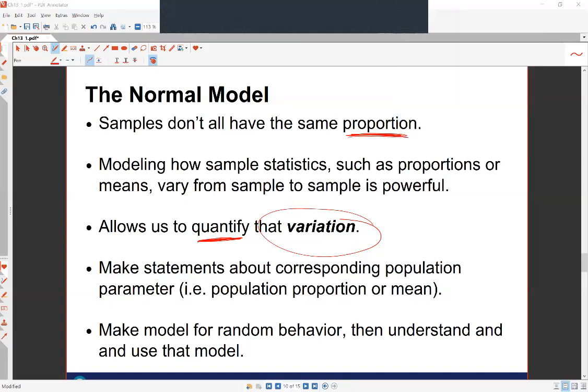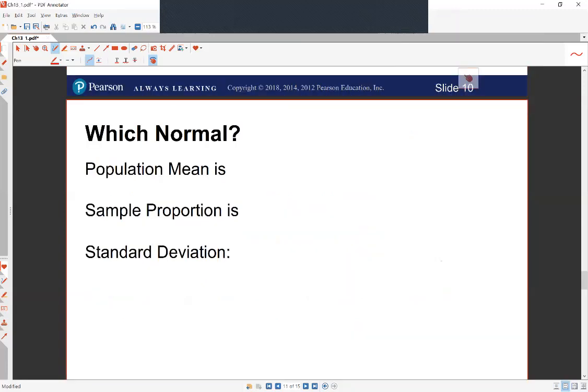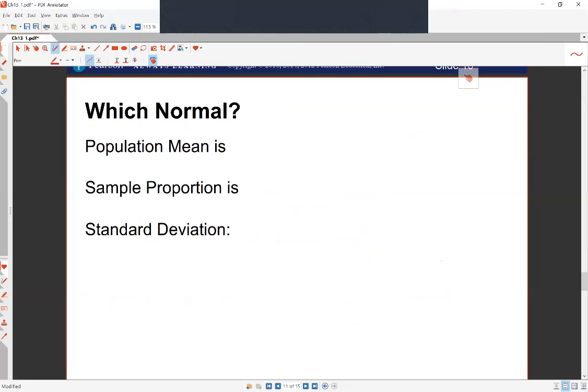So when we apply a normal model in the context of a proportion, we specifically know that the population mean, or the mean of that normal model, gets denoted by P. So remember, P is our proportion. The P by itself represents the true proportion in the population.